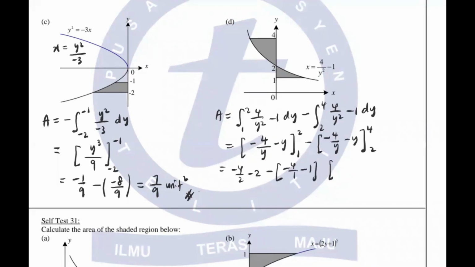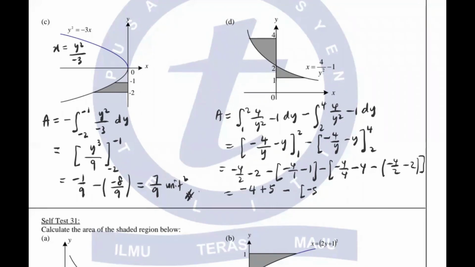Now you repeat with the second one, but this time your upper limit is 4. 4 over 4. There's a 4 here. Put 2 inside here. So -4 over 2 minus 2. Okay, this is going to give us -2 minus 2, which is -4. This is -4 minus 1, which is -5. Minus is a +5. I keep this negative first. This is going to give us -1 minus 4, which is -5.